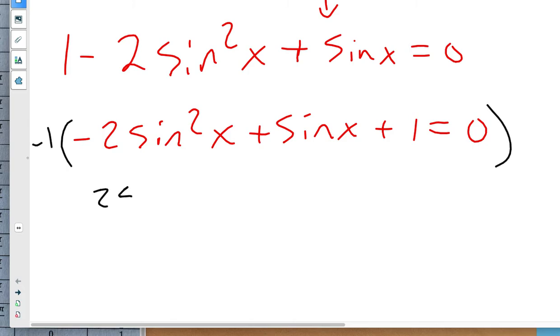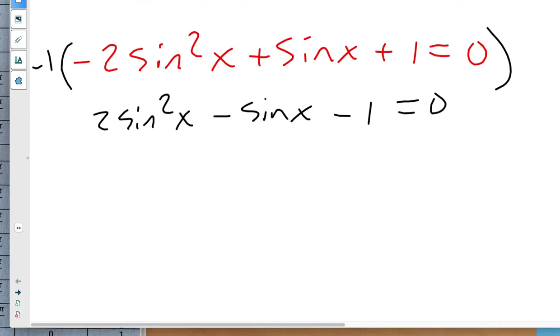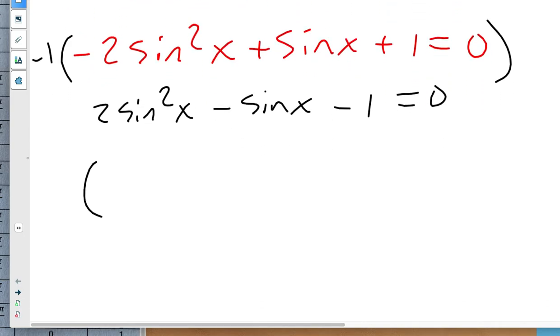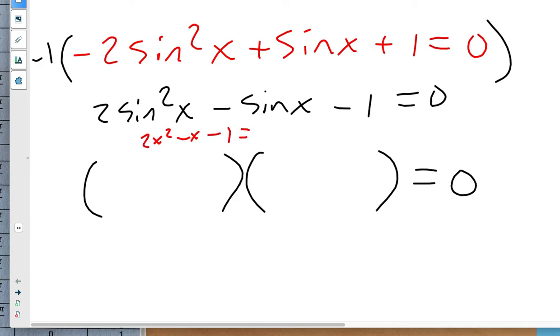So I get 2 sine squared x minus sine x minus 1 equals 0. And like I said, now we just got to factor this. So I'm going to put it into brackets, and you'd factor this just like you would factor 2x squared minus x minus 1 equals 0.